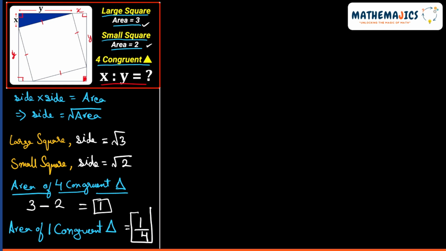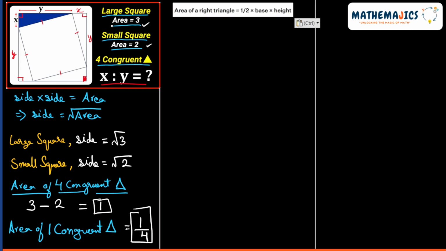Fine. Now what we will do, we will use the formula of area of triangle. So this is the area of a right triangle, that is half times base times height. Let's apply this formula for this blue right triangle that is given in the question. So area of blue triangle will be half times base x times height y.